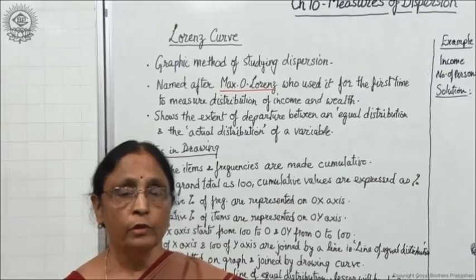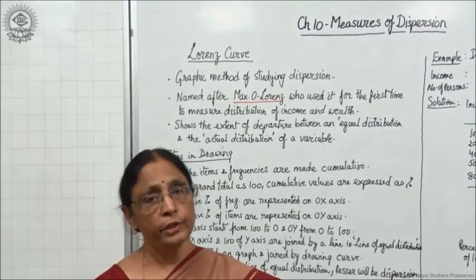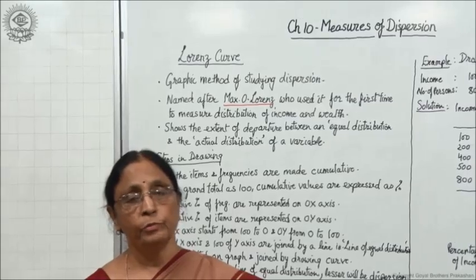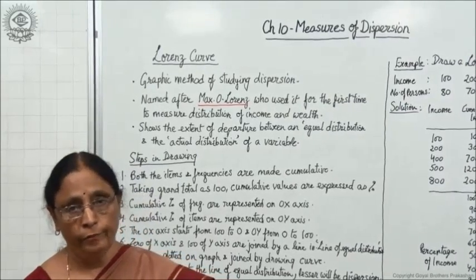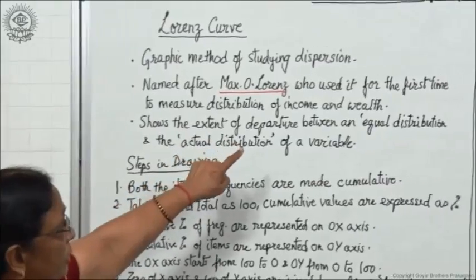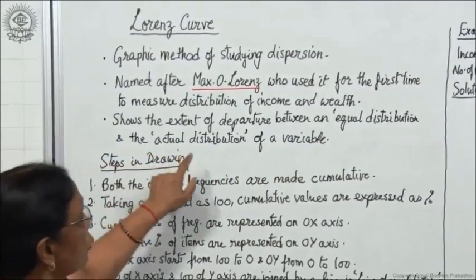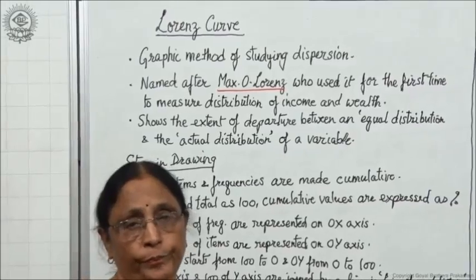It shows the extent of departure between an equal distribution and the actual distribution of a variable.